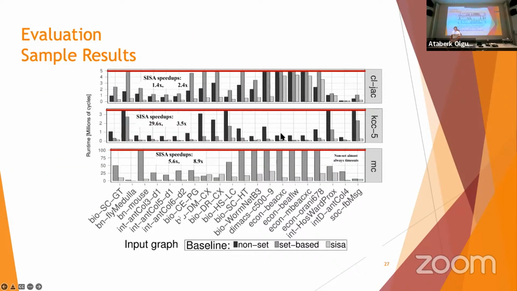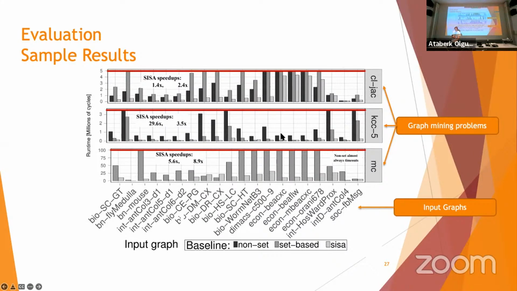So now I've brought you some sample results. The graph mining algorithms here are clustering, then listing 5-cliques, and maximal clique listing. They are applied to several input graphs. We use a runtime cutoff to make it more readable.